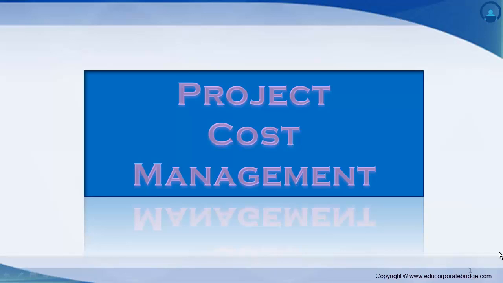As per the PMBOK guide, project cost management includes the processes involved in planning, estimating, budgeting, financing, funding, managing, and controlling costs so that the project can be completed within the approved budget.